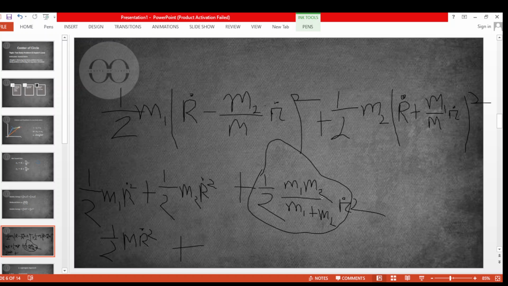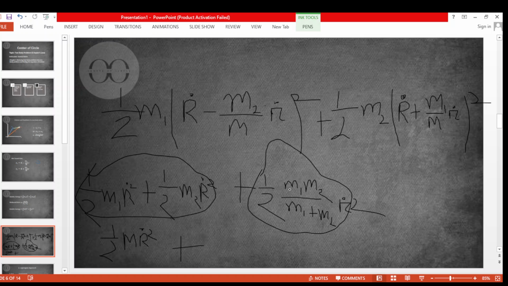This is called the kinetic energy about the center of mass, and this term is called the kinetic energy of the center of mass. Here we can see half m1 m2 divided by m1 plus m2. This term has the same dimension as mass, so we can consider it as another mass.